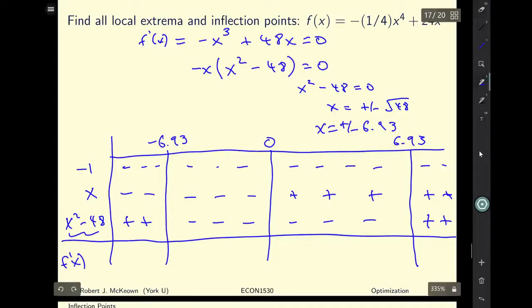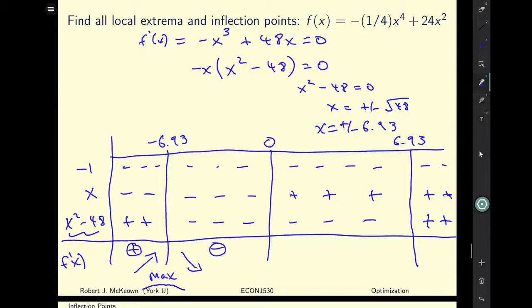We've got a negative times a negative times a positive, so it's actually going to be positive, and f prime of x is increasing. Then if x is greater than negative 6.93, we've got a negative times a negative times a negative. It's going to be going down, so we know we've got a max, right? This is the top of the hill.